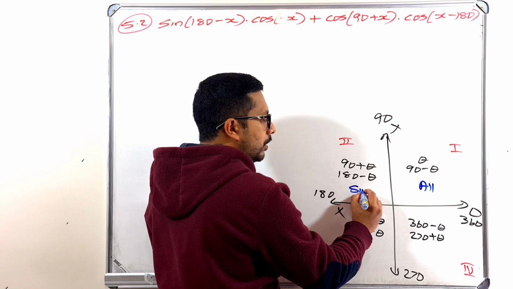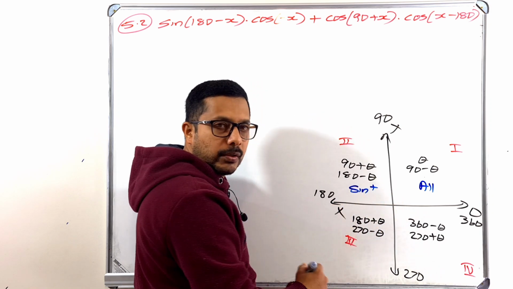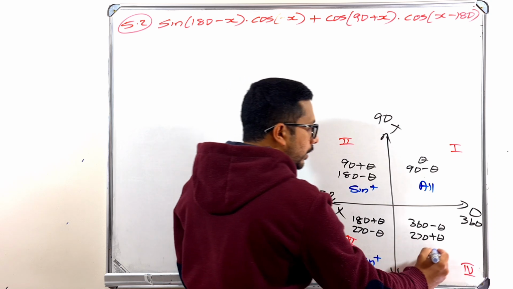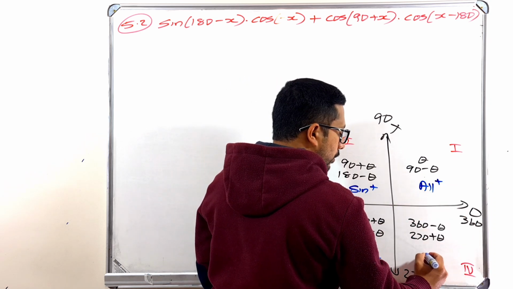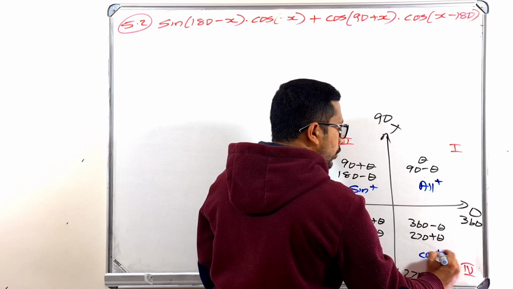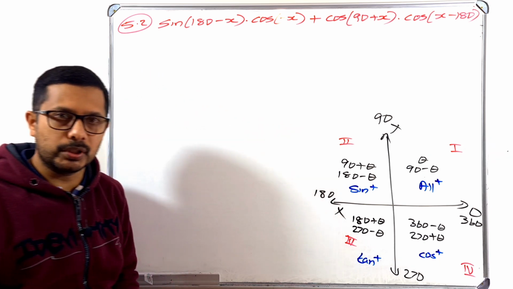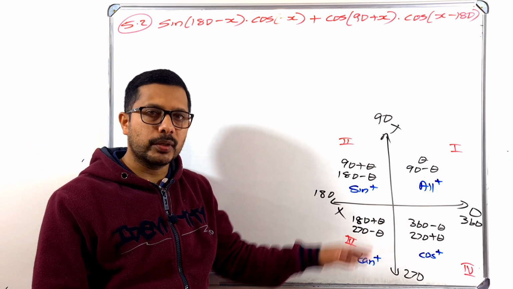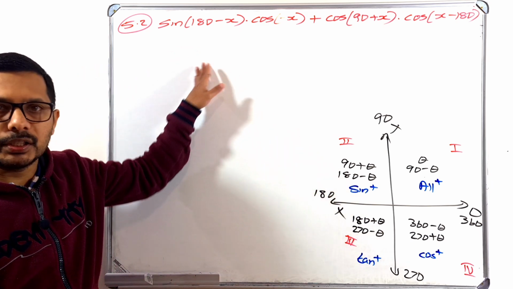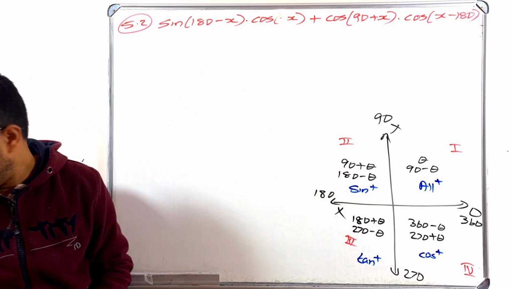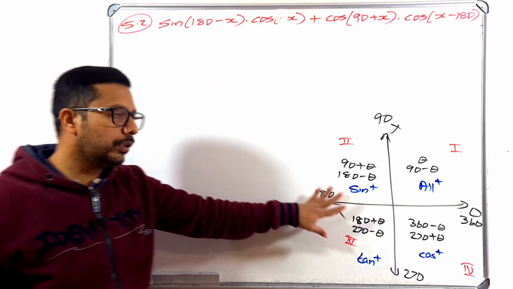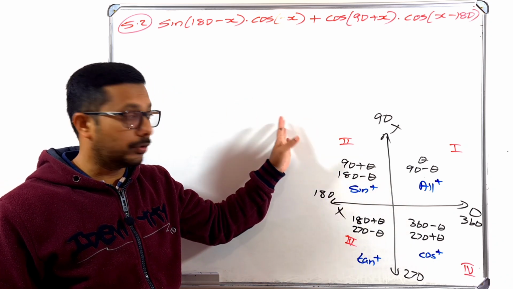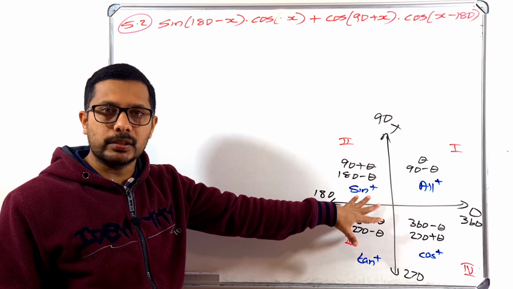Here sine is positive. Here tan is positive. Then here cos is positive. In the fourth quadrant, cos is positive. This is what you studied last year, grade 11, am I right? You have to apply that here to do this question. I hope you know this. If you don't know, you have to watch that video where I explain this reduction method.